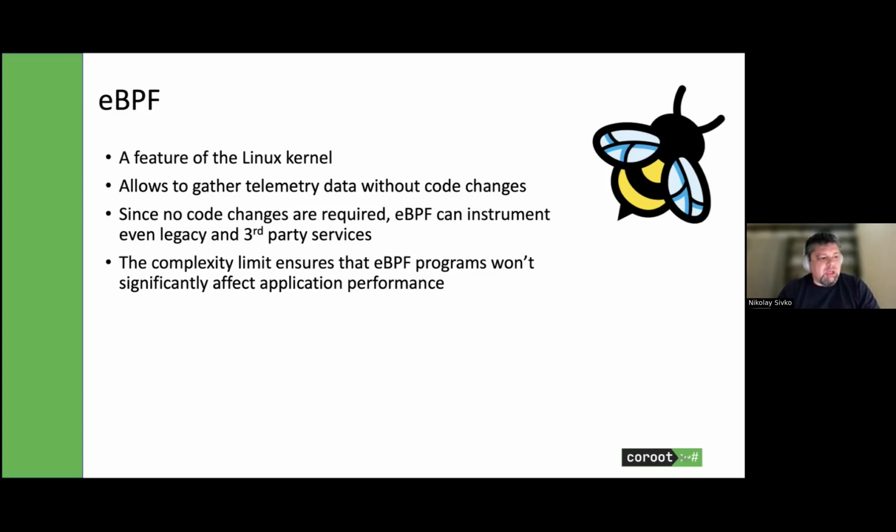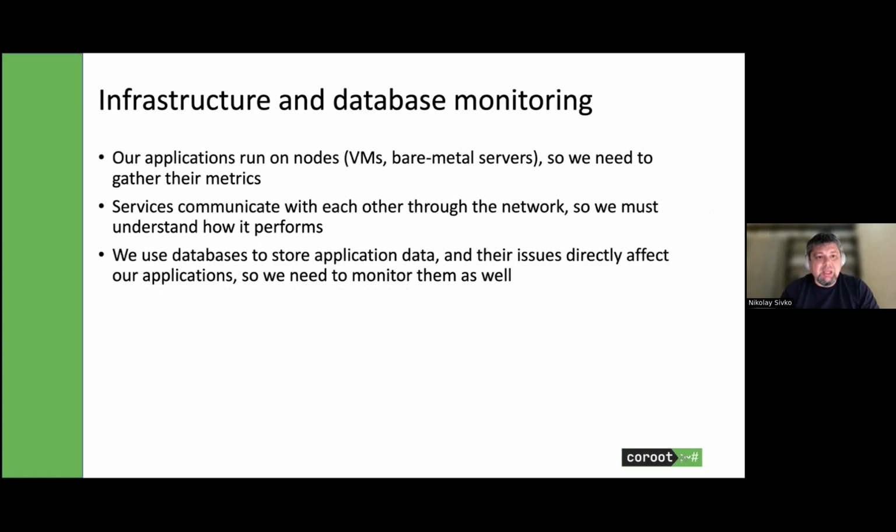This approach allows us to instrument even applications whose code you cannot change, for example, third-party and legacy services. And it's pretty useful, but someone should implement telemetry sensors and agents to gather performance metrics using eBPF.